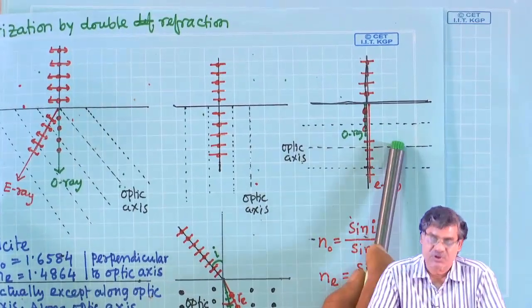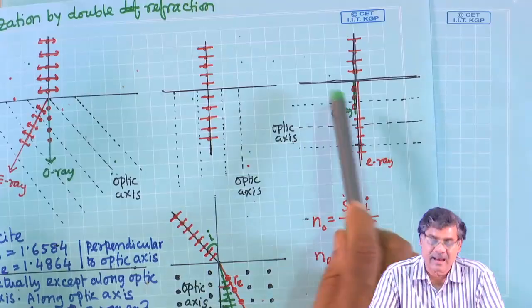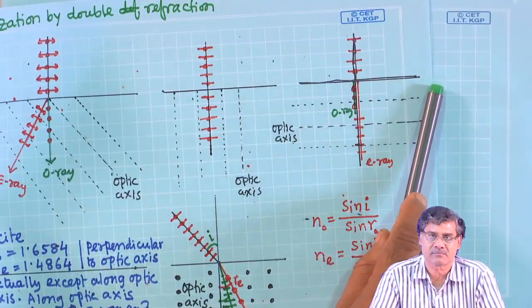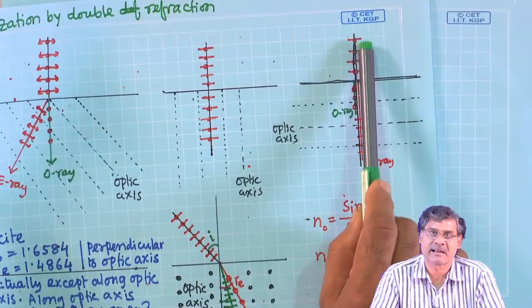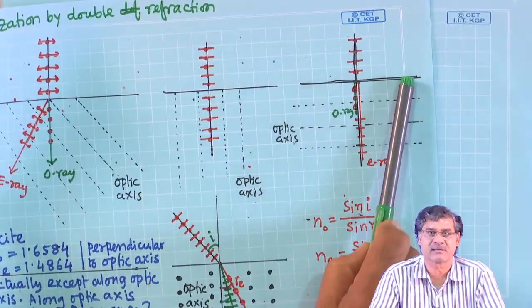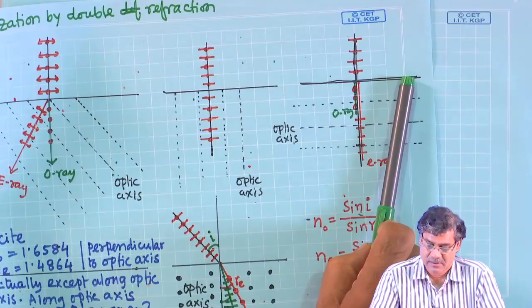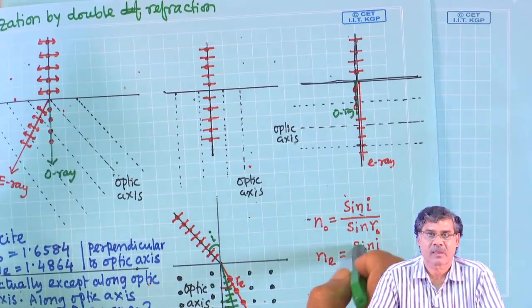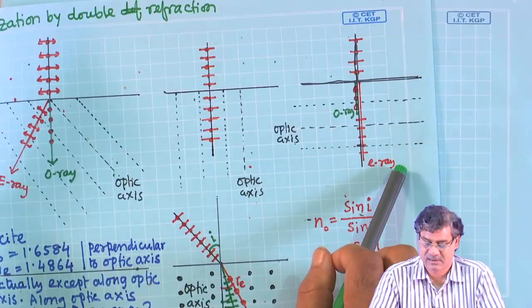And in this other situation, if the optics axis is parallel to the surface of the crystal, okay, so the incident rays are falling perpendicular to this surface, then in this direction, perpendicular to the optics axis, okay.